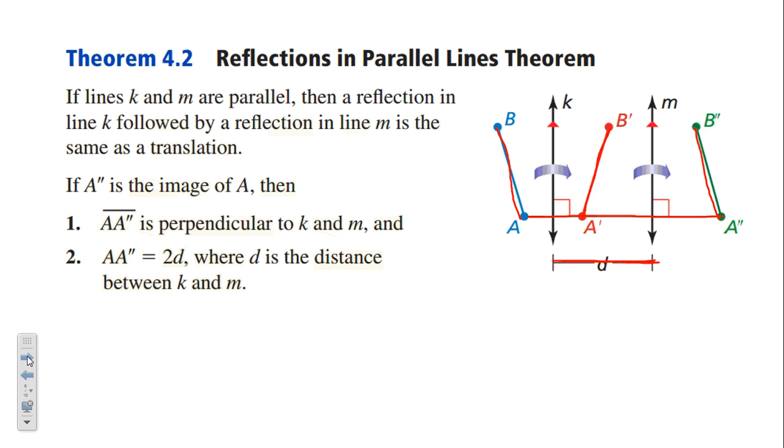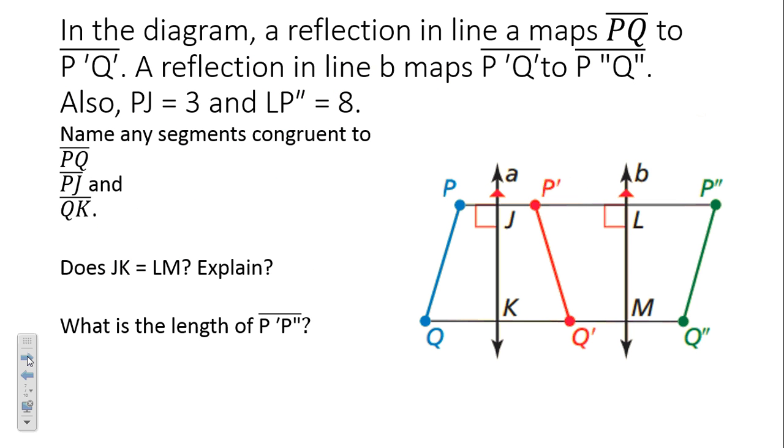So whatever this distance between these 2 lines is, you double it to find out how far it is from A to A double prime. Well, we reflected it twice, didn't we? So whatever distance we had once, we have again. So the total distance is 2 times my original. Okay? Okay. So here we go.